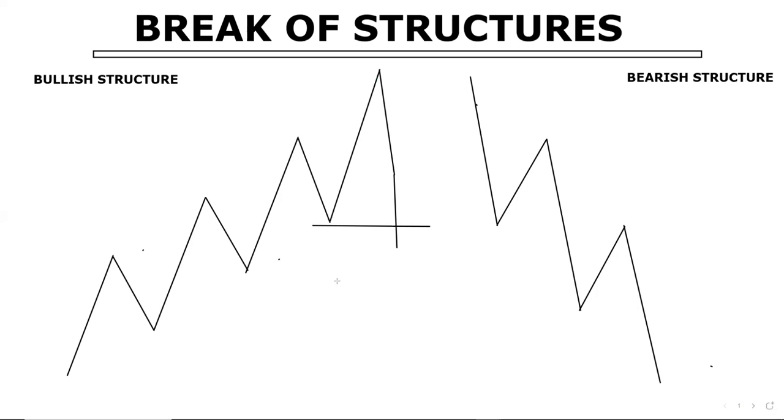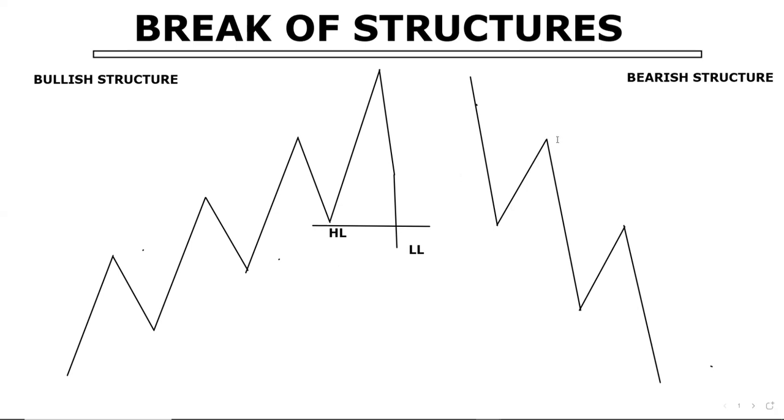The last higher low right here gets invalidated and prices now make a lower low. That is a low that is lower than the previous low. So this is where a bullish structure gets violated.